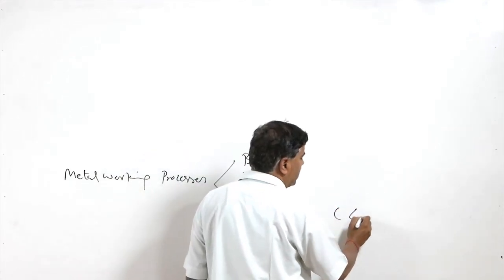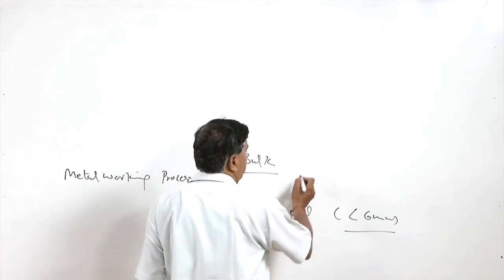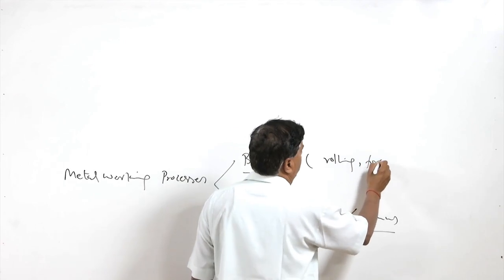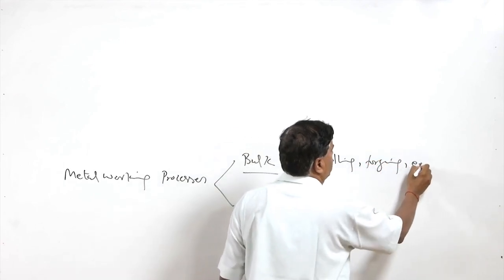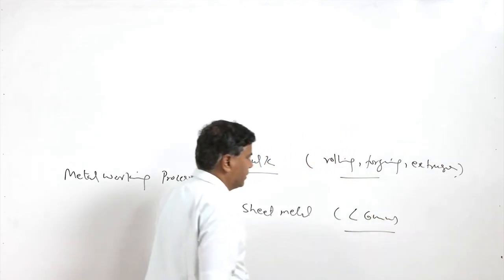Sheet metals are normally less than 6 mm, and the bulk material deformation processes like rolling, forging, extrusion all fall in the category of bulk material processing.